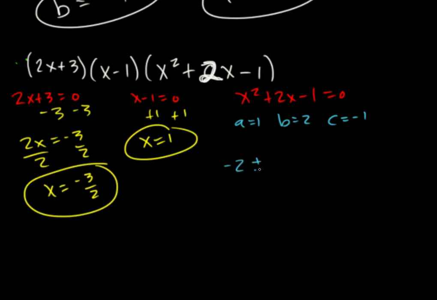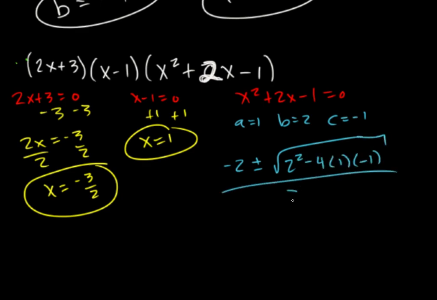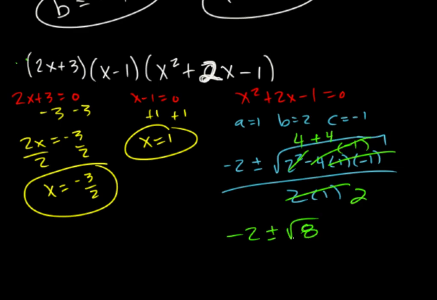So simplify this. Eight can be written as 4 times 2 and then 2 times 2.